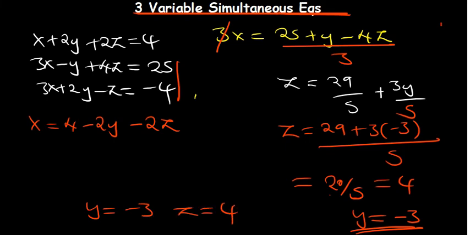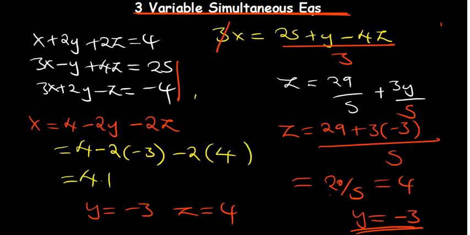We can find our x by getting to this point. Or you can get any equation of your choice and just substitute. So 4 minus 2y, y is negative 3, our z is 4. So we have 4 plus 6 minus 8. 6 plus 4 is 10, minus 8 is 2.